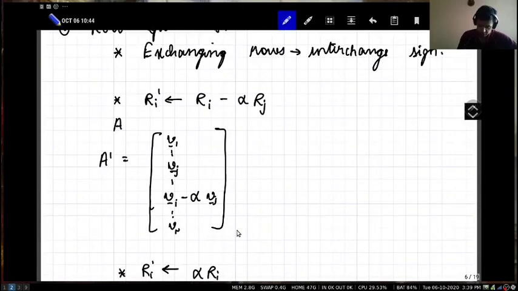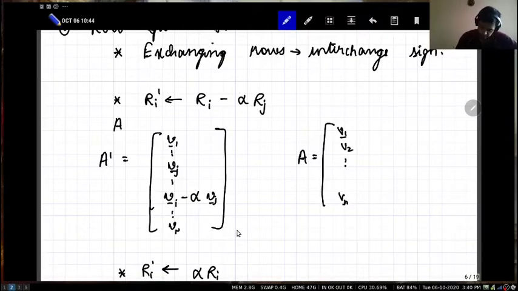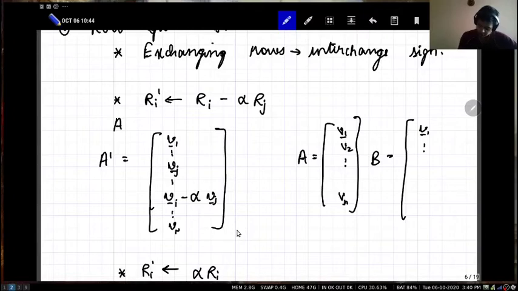So if I have two matrices A, which is V1, V2 up to Vn, and B, which is the same as A except in the ith row. So here in the ith row you don't have Vi, but you have Vj, and so on up to Vn.